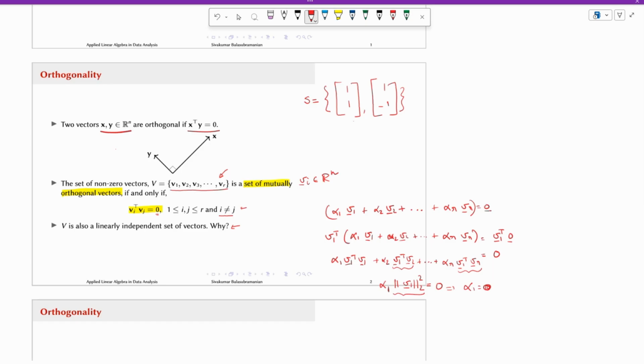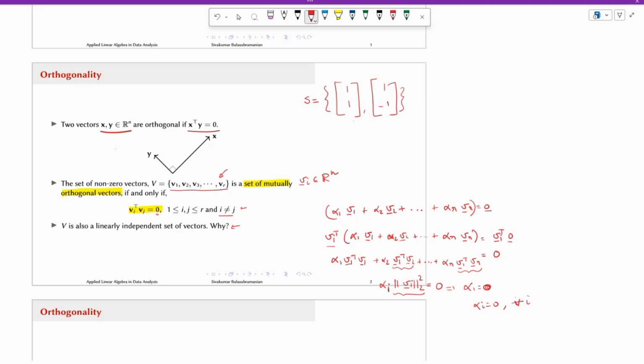Now, instead of taking the inner product with v1, if I took the inner product with vi, then what I end up with is alpha i times the square of the Euclidean norm of vi equals zero. That means alpha i has to be zero. In fact, that is true for all i.